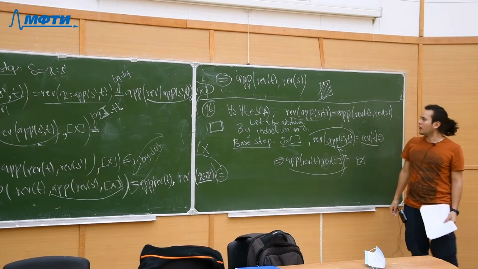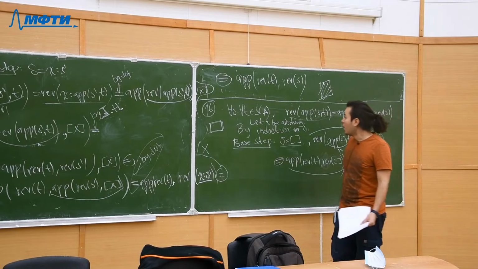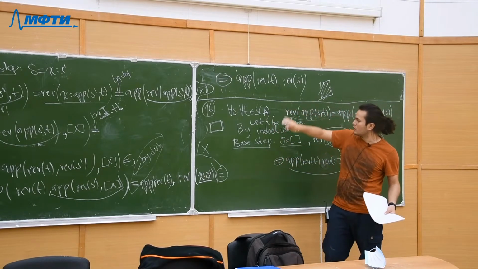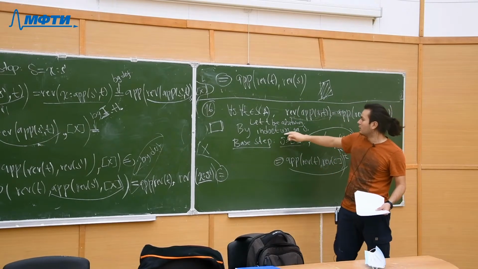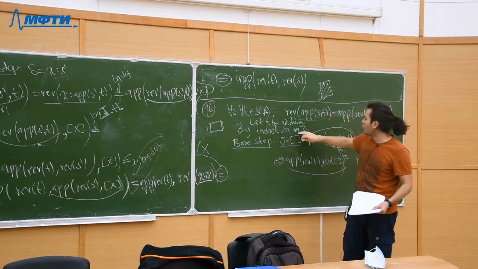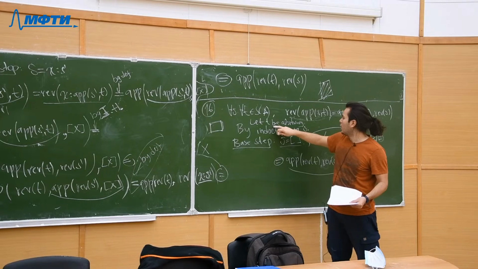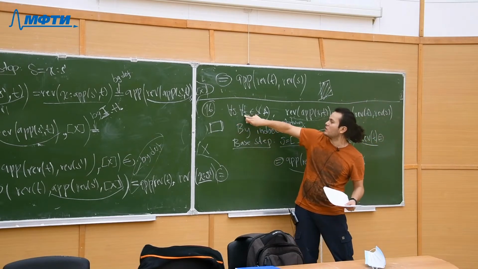So again, in conclusion, since this holds by induction, it holds for any S, and since we took an arbitrary t, then it holds for any S and for any t, okay?